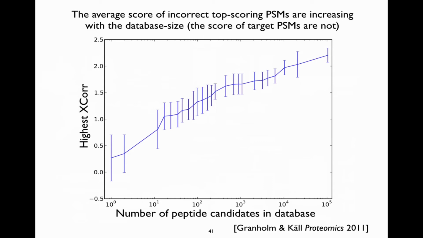This is by no means stranger than saying that the tallest man of China is probably taller than the tallest man of Sweden, or Germany for that matter. Simply, if we have a bigger set to pick a candidate from, the max will always be a little bit higher in the bigger set than the smaller set.